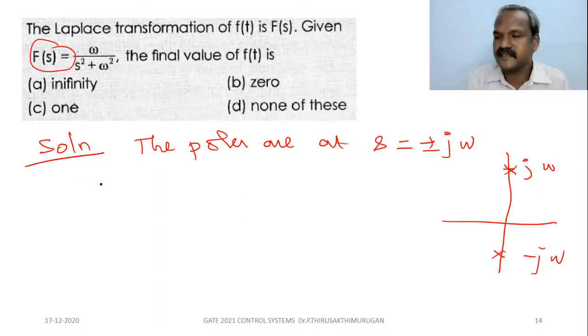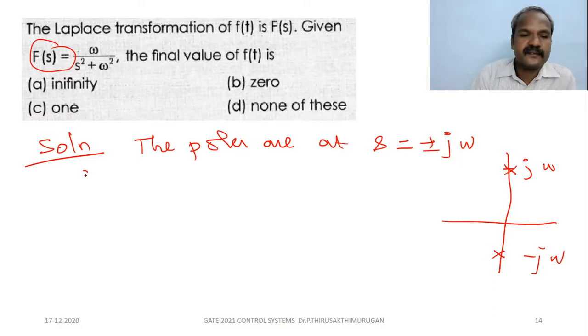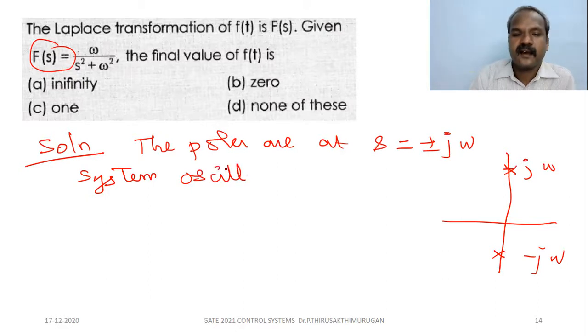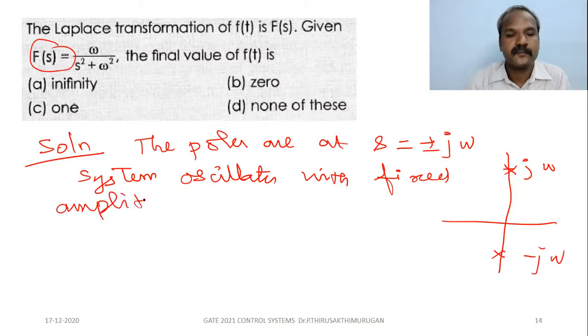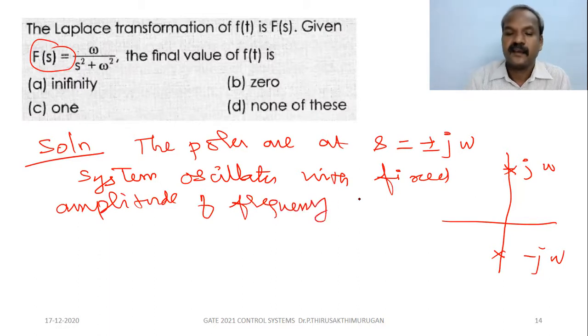So the system oscillates with a fixed amplitude and frequency omega radian per second.